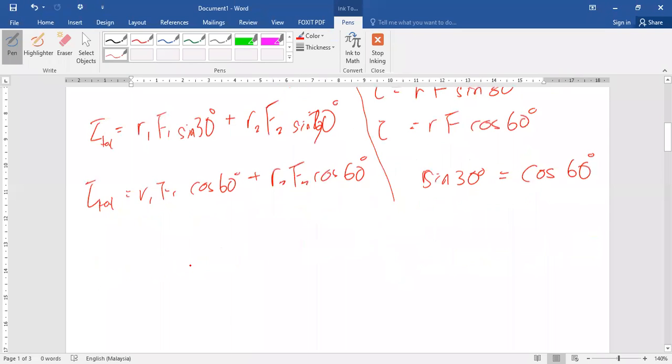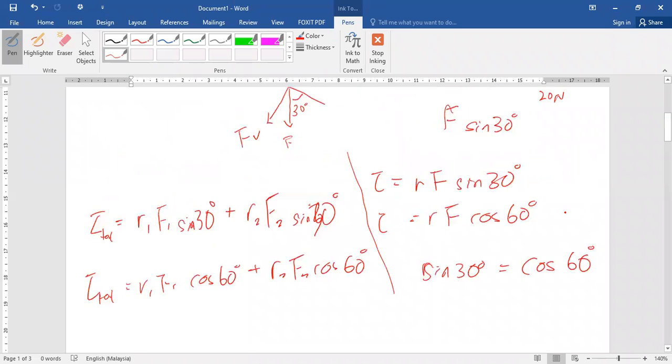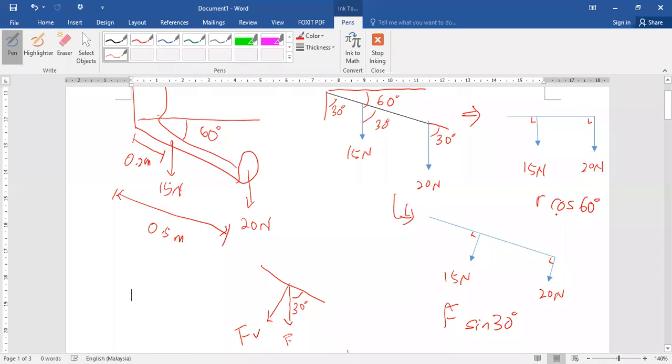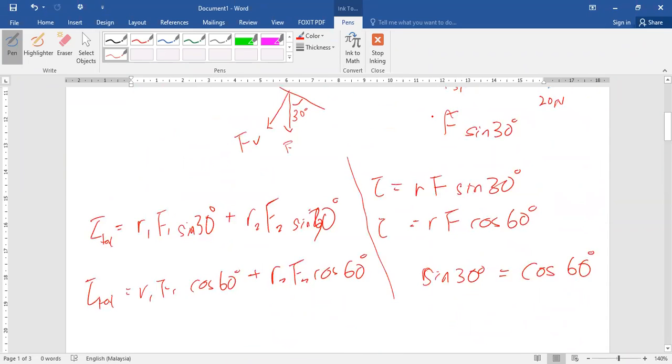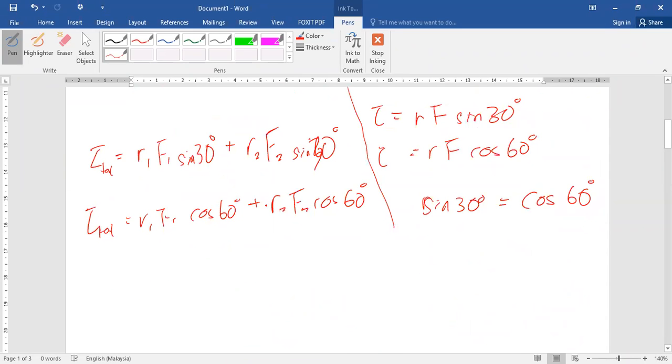Either you use sin or cos. If I use cos, that means that I resolve the R. The R not in 90 degree, I resolve it into horizontal component. If I use sin 30, that means that I resolve the F so that the F and the arm will be perpendicular to each other. So from here, that means that we can use either one.